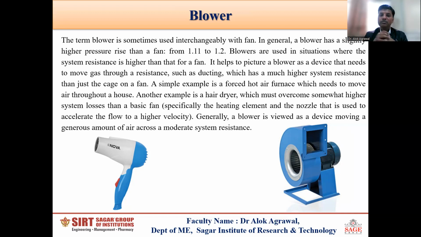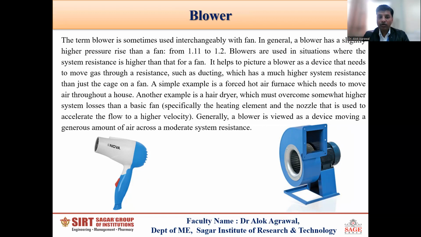Why? Because it is properly surrounded by a casing, which a fan does not have, like a cage. You have seen a hair dryer. It is provided with a casing, so the flow of gas or air faces more resistance. So here the pressure should be high to overcome this resistance. That's why we are increasing the pressure ratio here up to 1.2.